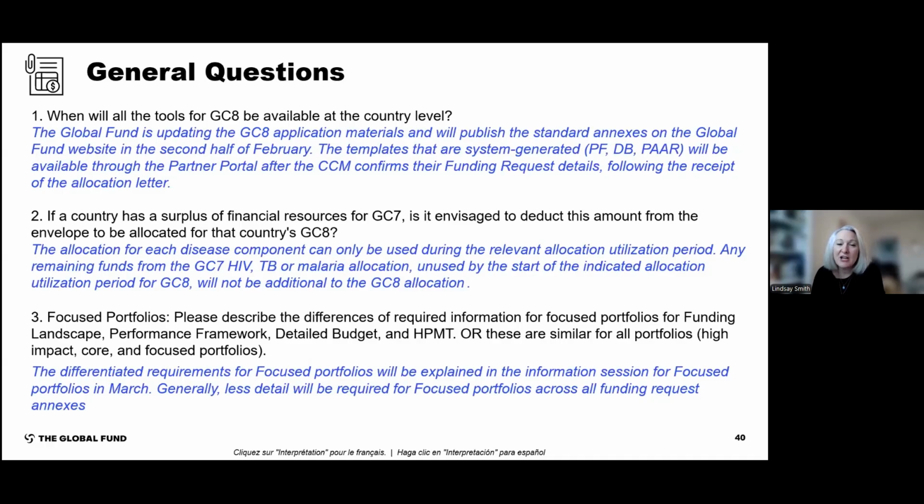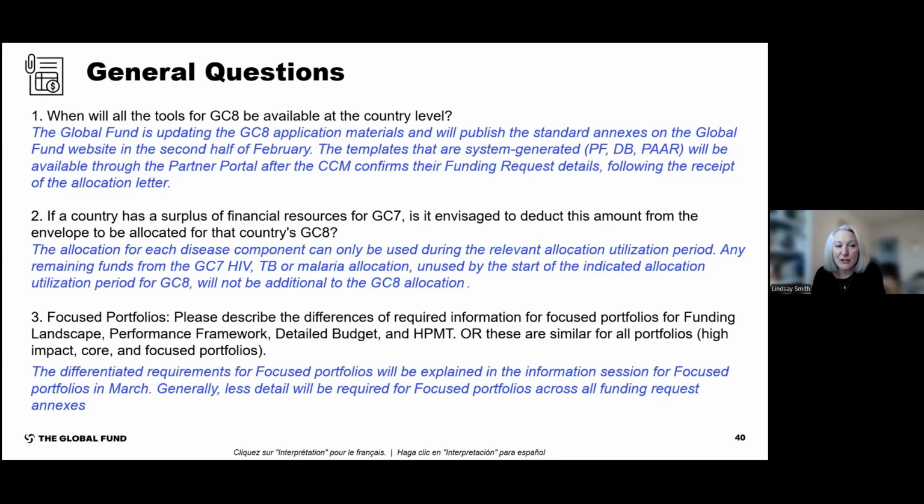These templates that are system generated are the performance framework, the detailed budget, and the PAR, the prioritized above allocation request. These will be available to CCMs through the partner portal after the CCM confirms their funding request details, which they will do following the receipt of the allocation letter.